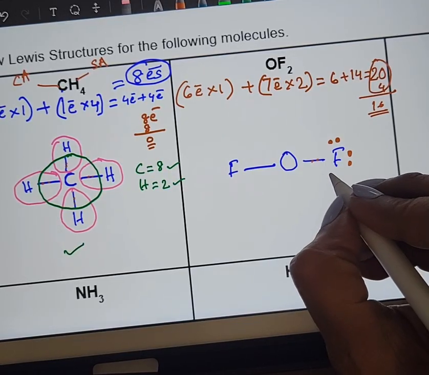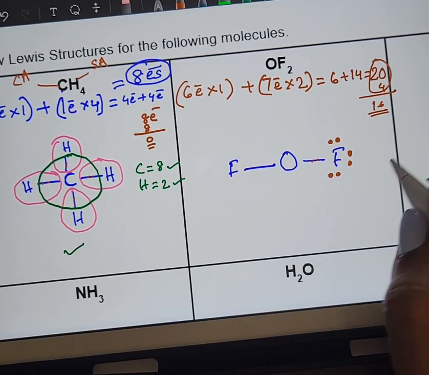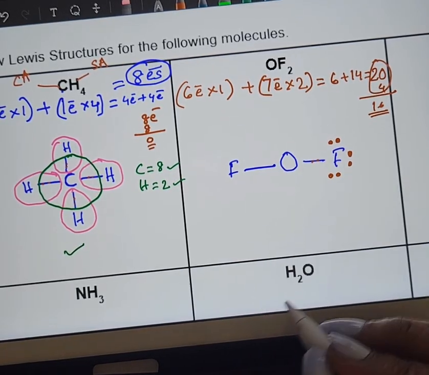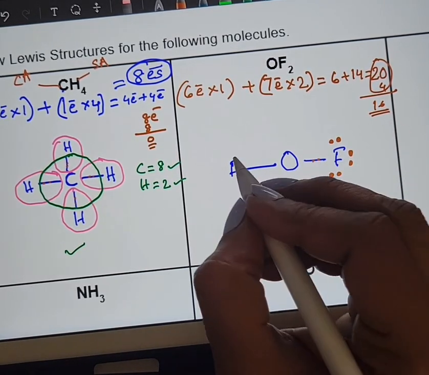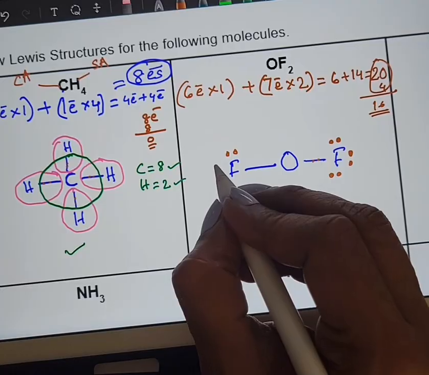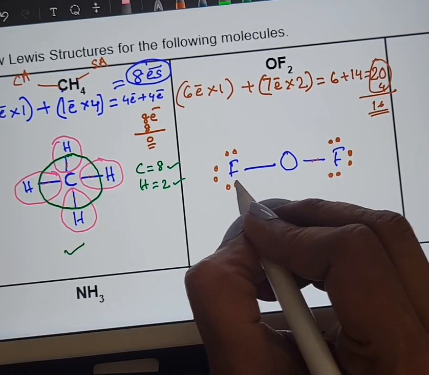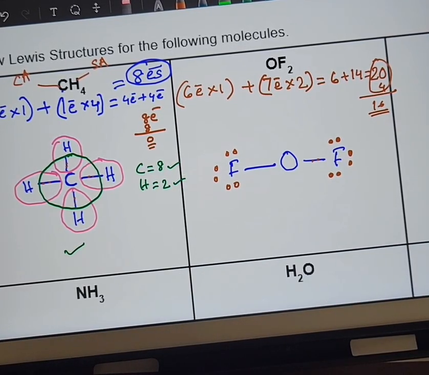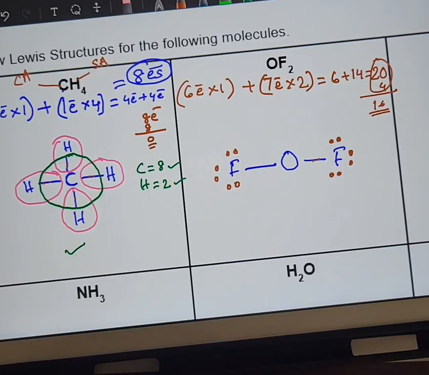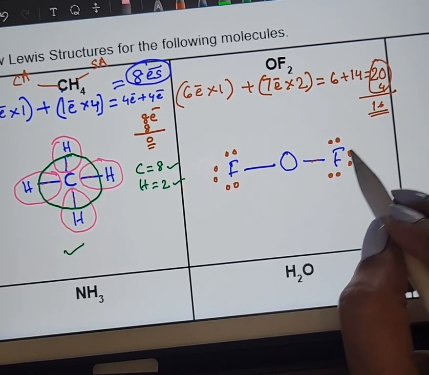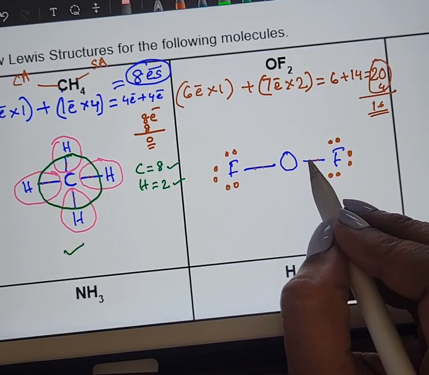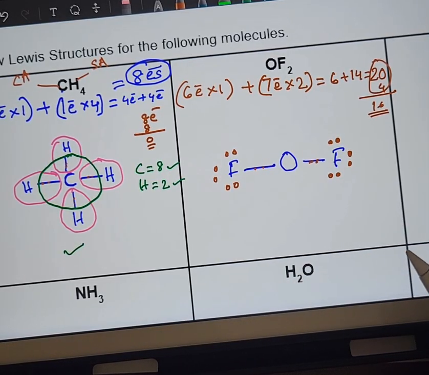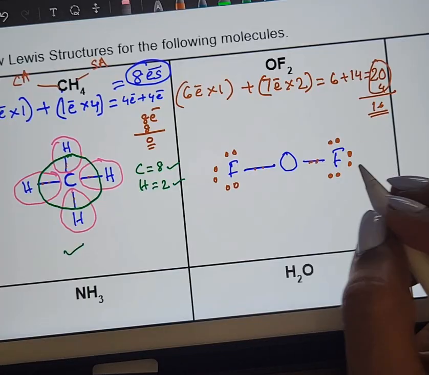So there are 3 lone pairs, so that fluorine is happy. I used 6 from there, so I have 10 more. I'm going to do 6 again here, so that is also happy. Now we used 6 plus 6, 12, plus 4, 16. How many remaining? We have 4 more remaining.